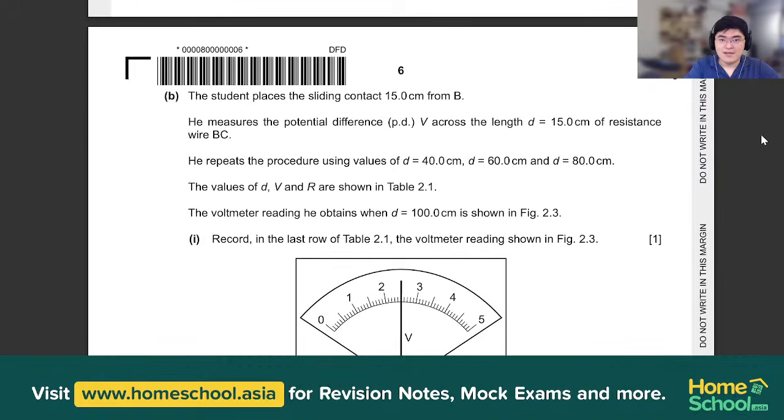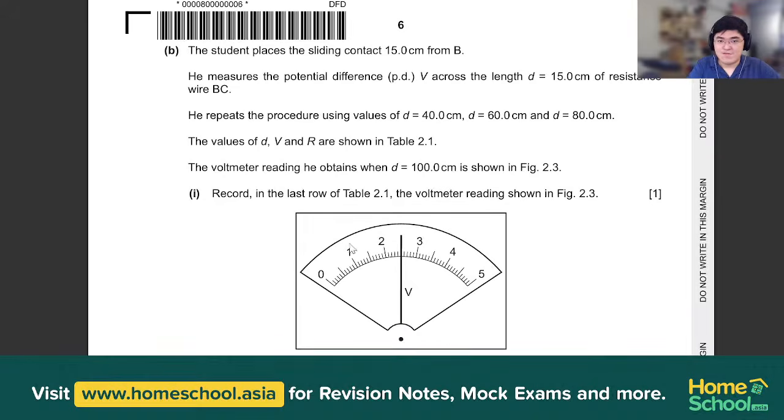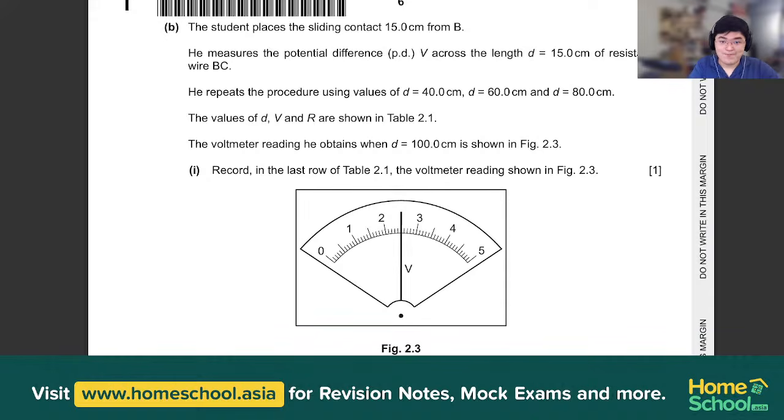And the voltmeter reading he obtains when D equals 100 is shown in figure 2.3. Once again, we are looking at an analog voltmeter, and we are to check what the reading on the voltmeter is. We have to record on the last row of table 2.1 the voltmeter reading as shown in 2.3.